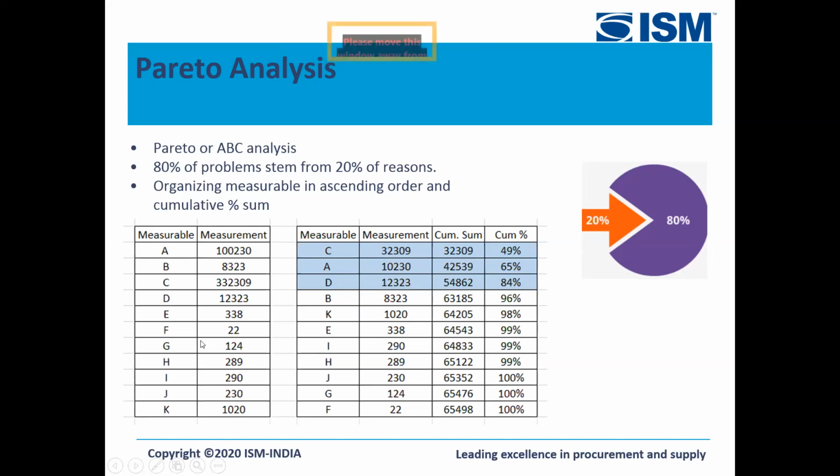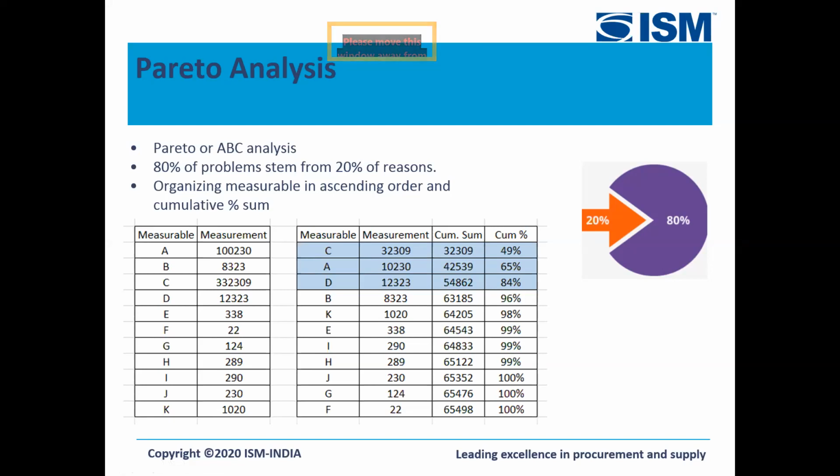There are 11 rows in this, but only three are contributing more than 80%. If we fix these three first, because they become our first priority, that is the easiest way to start on a problem, rather than solving the complete problem.